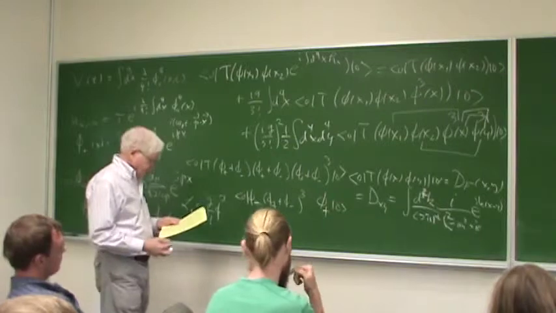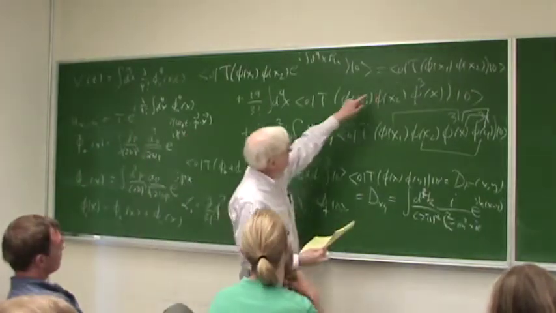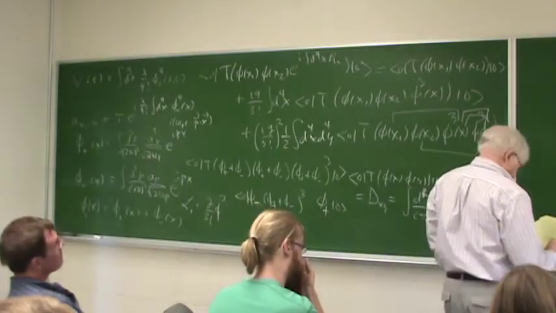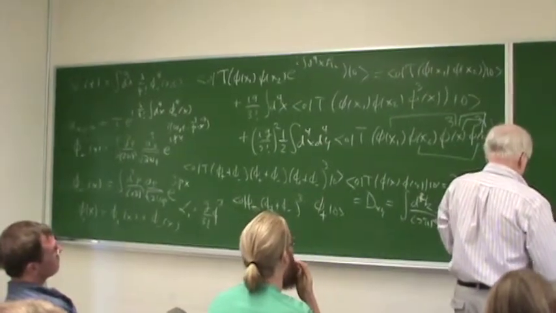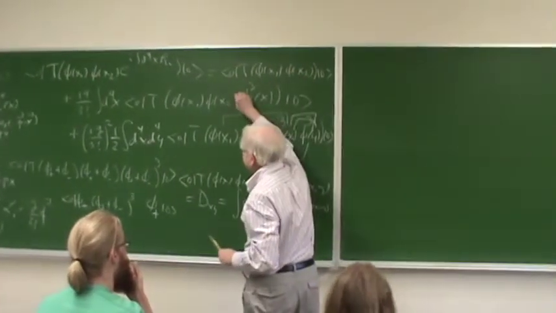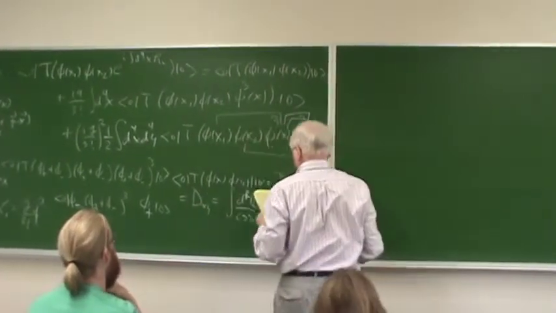Okay, so in this expression, the very first term is D12. And what's the next term? That's D12 times the vacuum-to-vacuum part, which is 0. What's this?